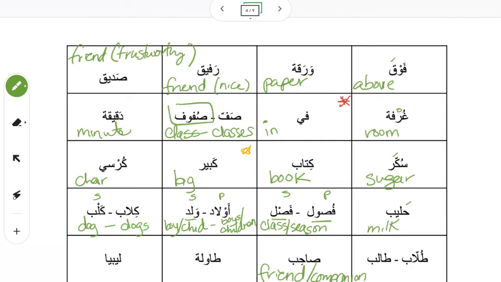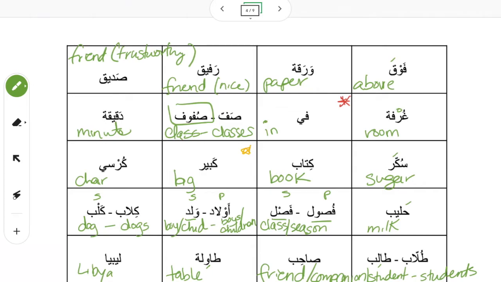Kalb, here's the singular, means dog. Kilab, dogs. Talib, student. Tullab, students. And talib, remember, you could also make it feminine. Taliba. Sahib, we did. Tawila, table. Libya, the country, Libya.